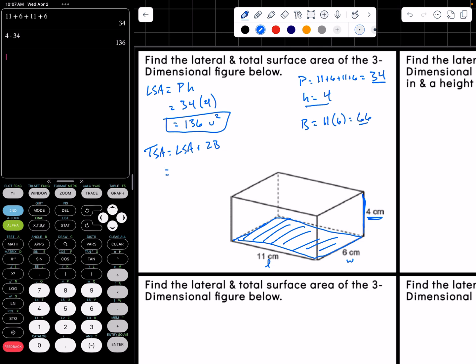So now I take that lateral surface area, 136, plus 2 times the area of my base, which is 66. So 66 times 2 equals 132 plus 136. It's going to be 268 units squared.